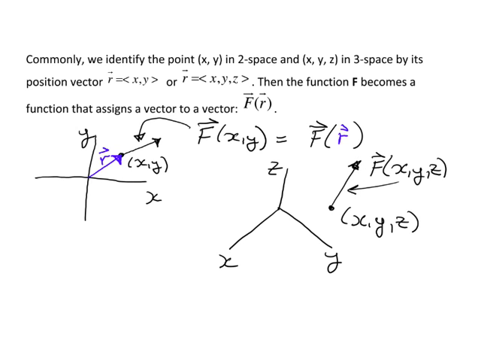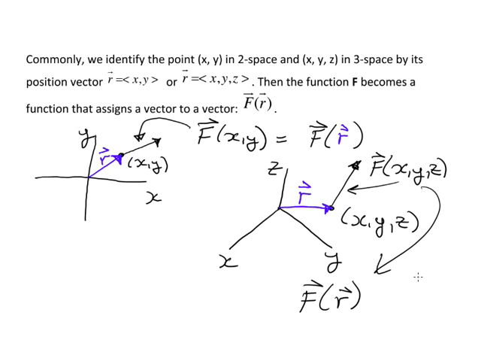But once again, if I think of this point x, y, z as a position vector r, then I can think of this as simply being F of r.